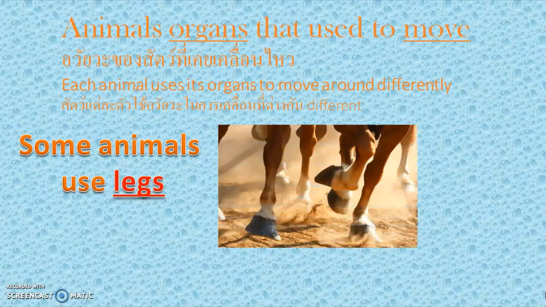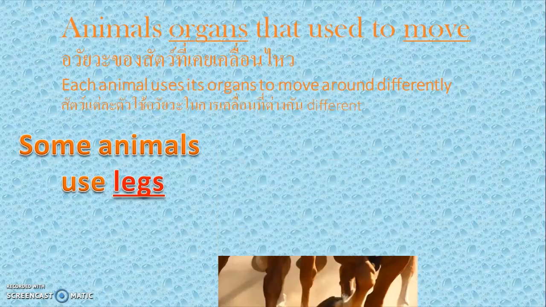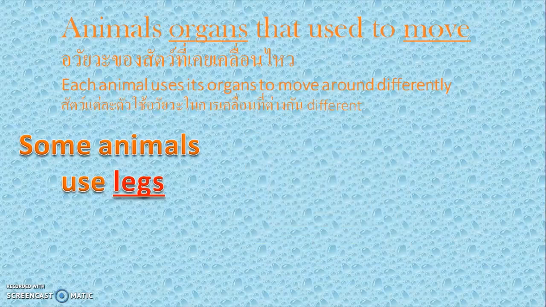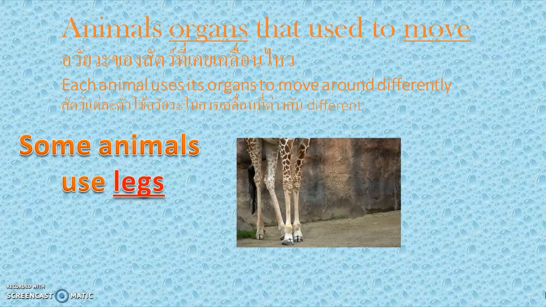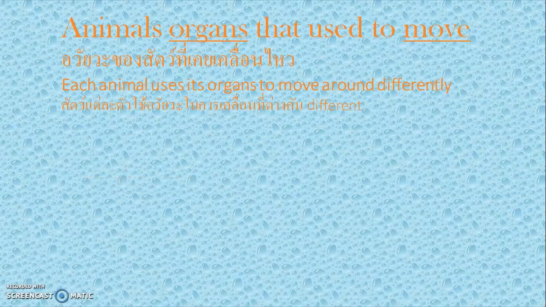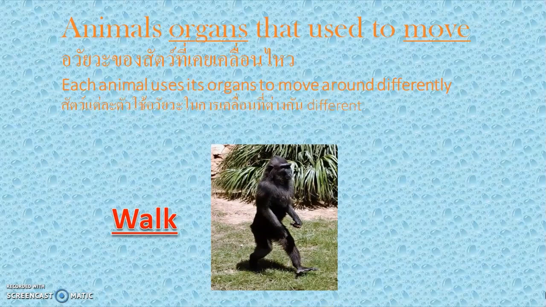Look at the example. This is the legs, and this one too is the legs of the frog. The first one is the leg of the horse, and the third one is the leg of the giraffe. Just like your legs. Some animals use the legs to move and to walk. Just like this.